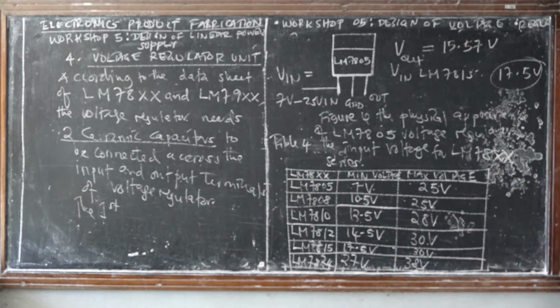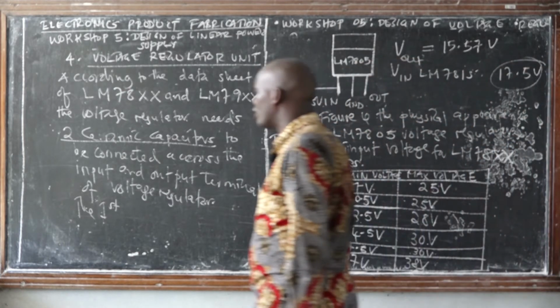And those two ceramic capacitors have a fixed value, whether you're using LM7812 or LM7824. The first task of the first ceramic capacitor is to remove the inductance of the unregulated signal, and the second one is to increase the stability of the voltage regulator.